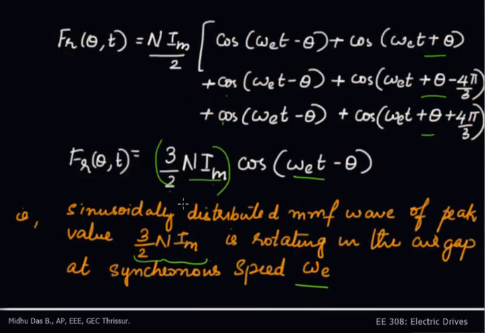So the 3-phase MMF produced by the 3-phase balanced windings is represented by a single phasor or vector of magnitude 3 by 2 Nim, which is rotating at the angular speed given by the supply frequency omega e, and this time variation is caused by the time varying current which is supplied to the machine.